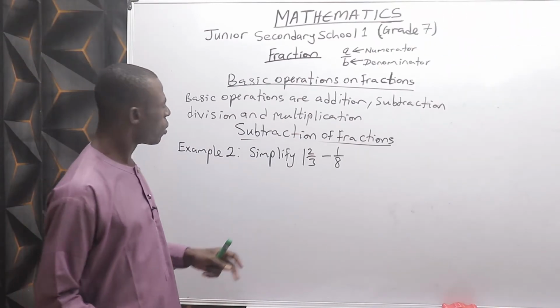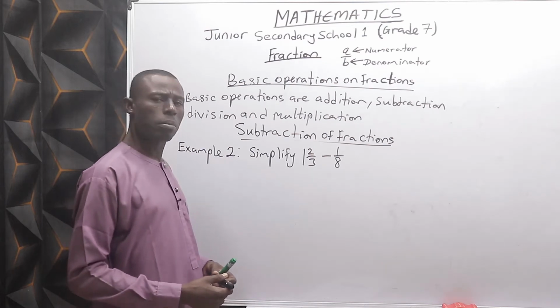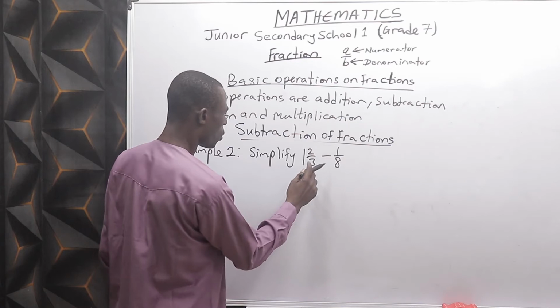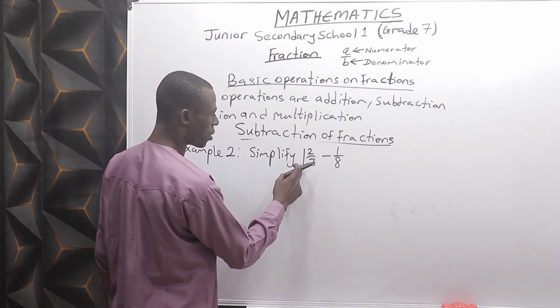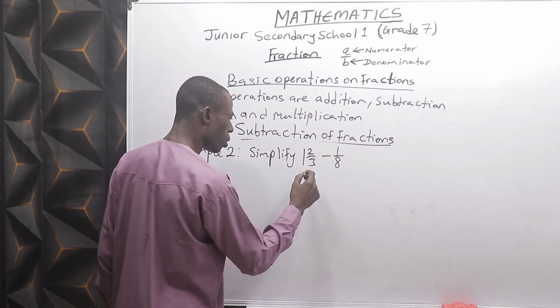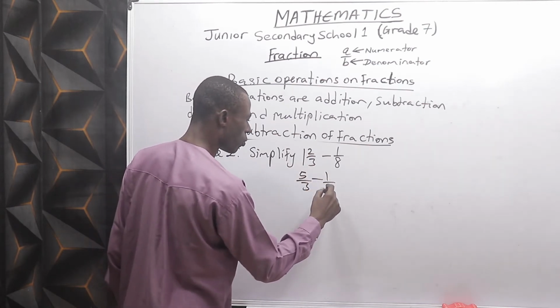Example 2. Simplify one whole number 2 over 3 minus 1 over 8. Convert this to improper fraction by having 3 times 1, that's 3, plus 2, that gives 5 over 3 minus 1 over 8.